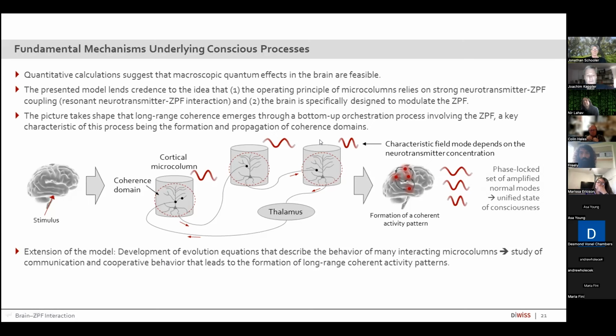So this is the natural next step: to study the communication and the cooperative behavior among the microcolumns that leads to long-range coherence and to a set of modes that hopefully can then be interpreted as a unified state of consciousness.